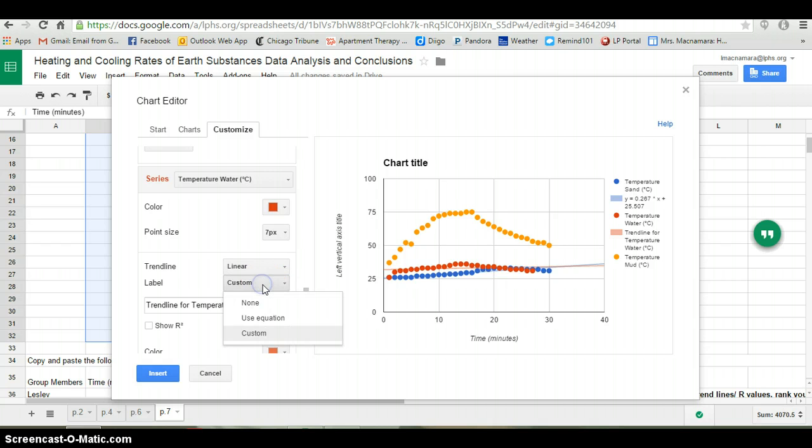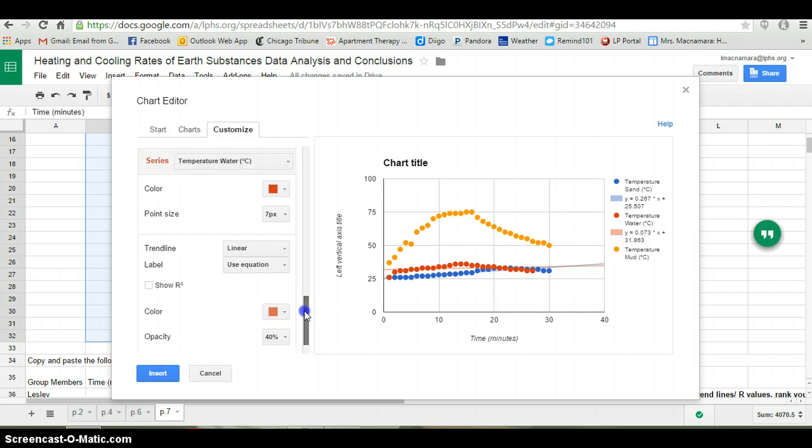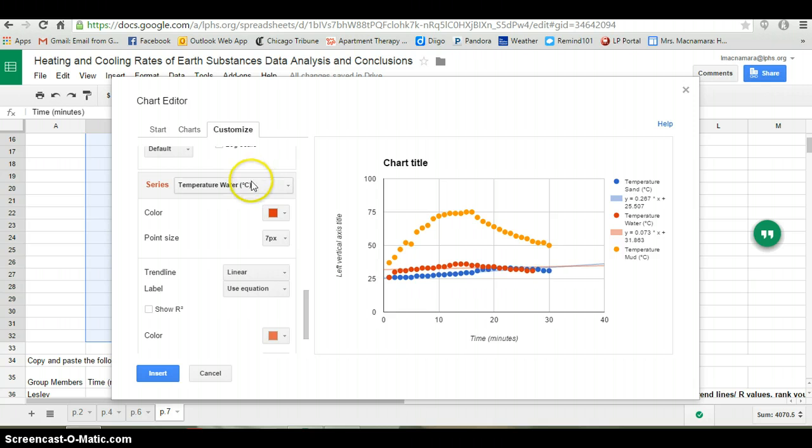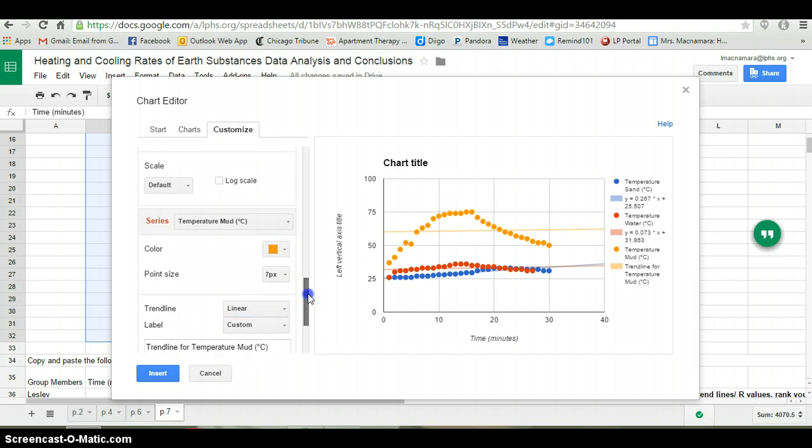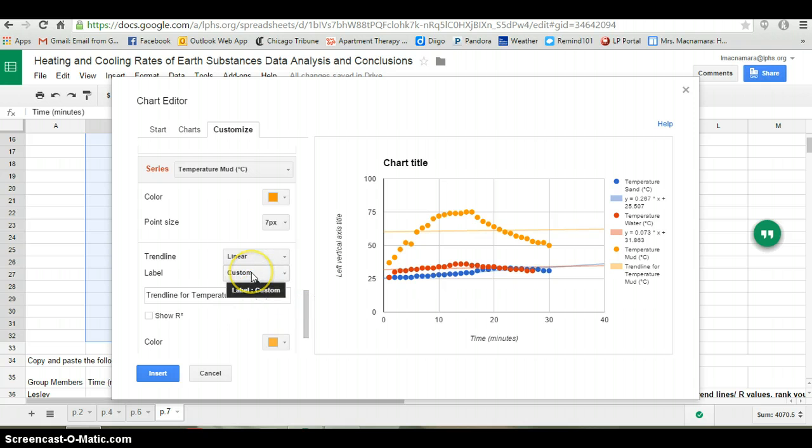And the label, again, we want to see the equation so we can see the slope. And now we want to do the same thing for the mud. So mud, we want to see its trend line. Linear. And again, to see the actual slope data, the equation, we're going to say use equation.